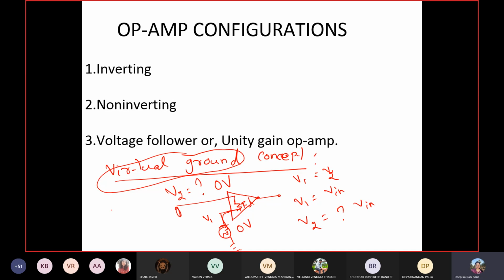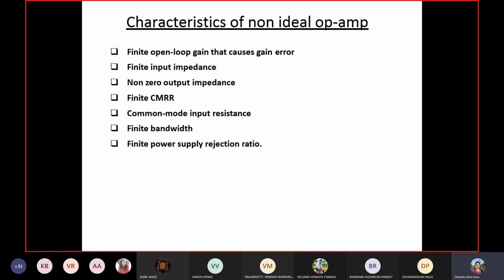Now come to the ideal op-amp characteristics once again. Finite open loop gain causes gain error, and finite input impedance are characteristics of the non-ideal op-amp. So why do we proceed from ideal op-amp to non-ideal op-amp?